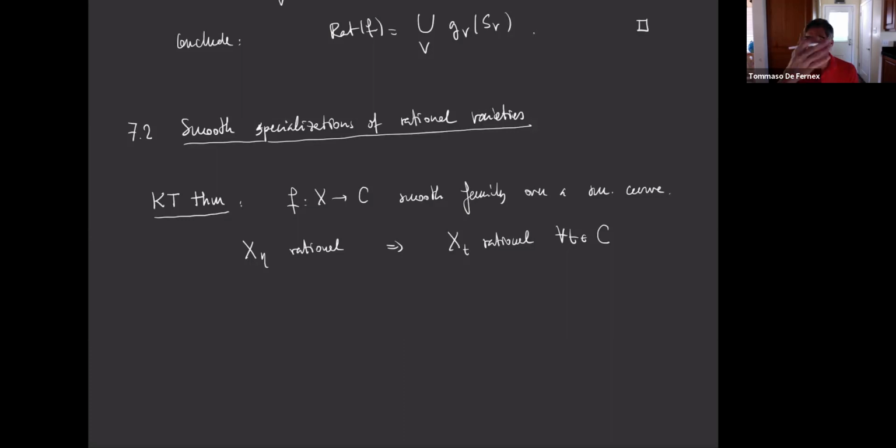In this group we're going to have a specialization map, and that will prove the theorem. These kinds of specialization maps have already been studied a lot, for instance from the point of view of motivic integration and the Grothendieck ring of varieties. Maybe I'll mention more about this at the end.